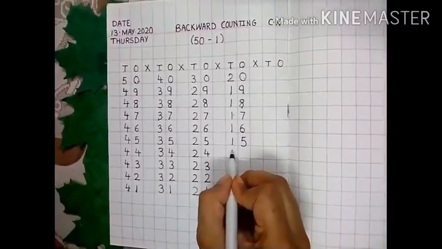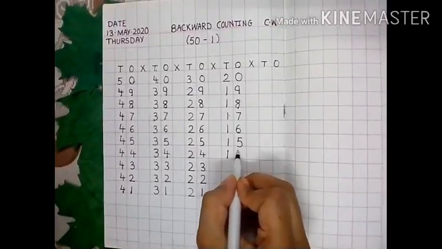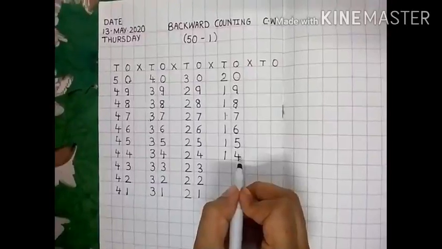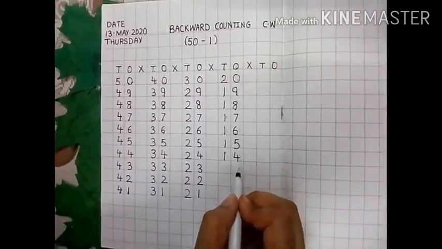So now you have to write down 14. Then the next number.